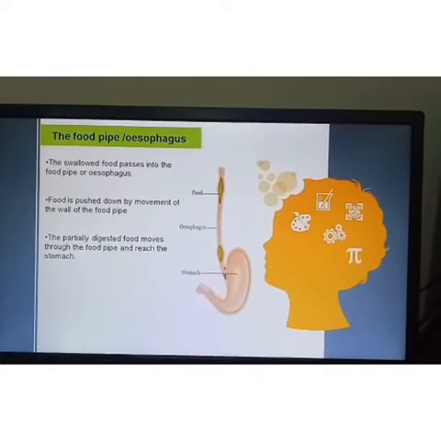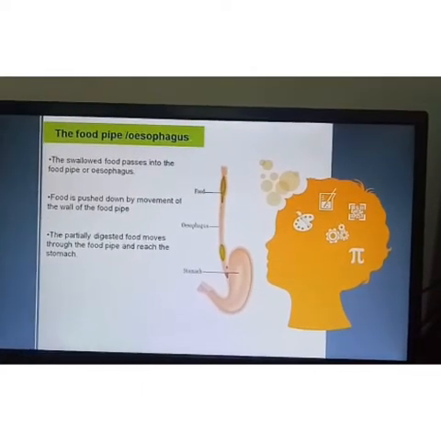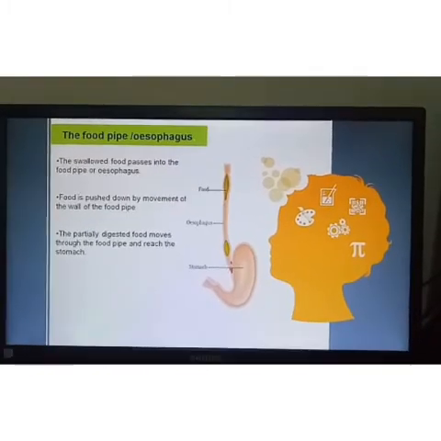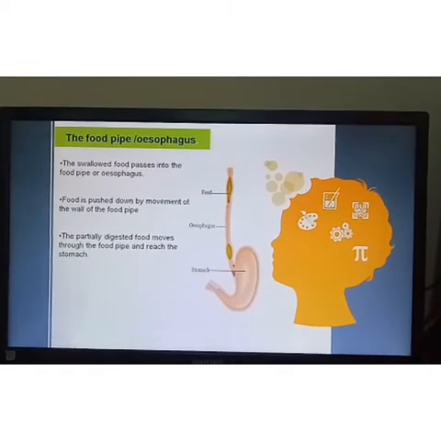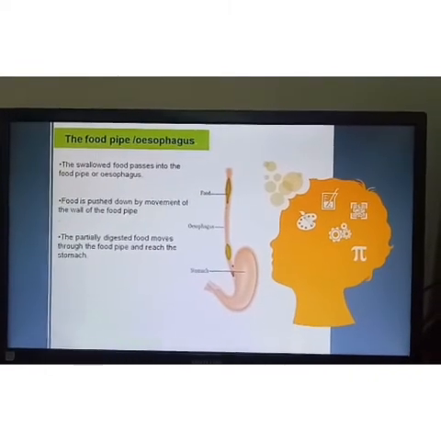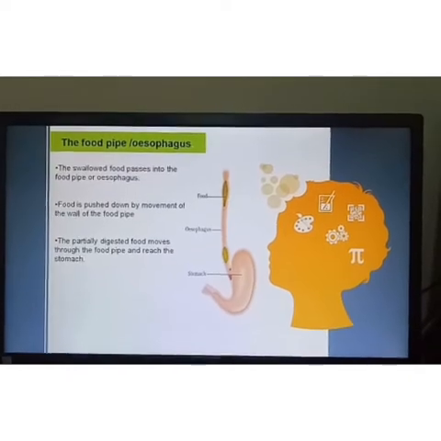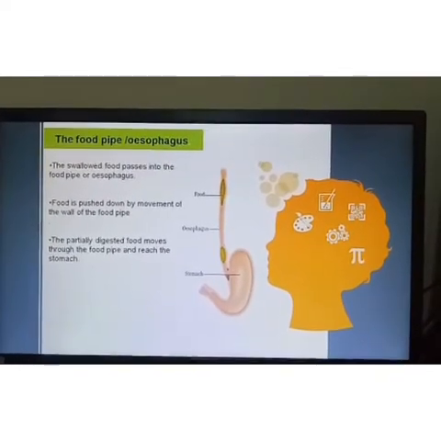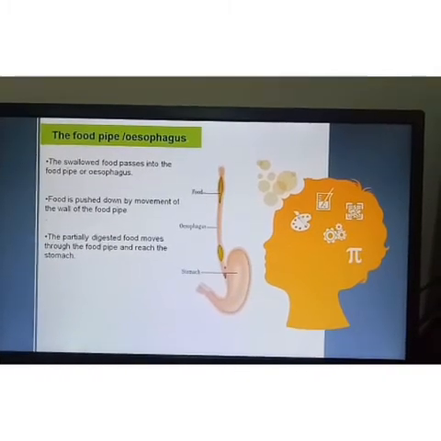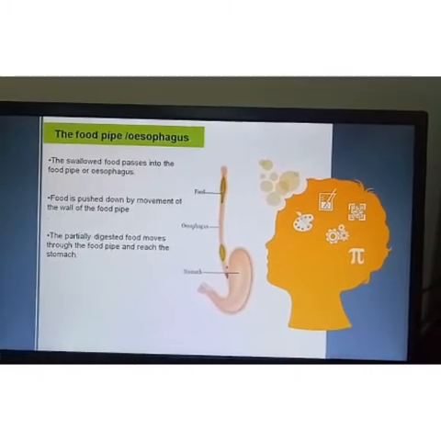Sometimes your parents tell you not to talk while eating food. The reason being, the food pipe and the windpipe are very close to each other. The windpipe carries air from the nostril, whereas the food pipe carries food. So when we swallow food, a flap-like valve closes the passage of the windpipe and guides the food into the food pipe.